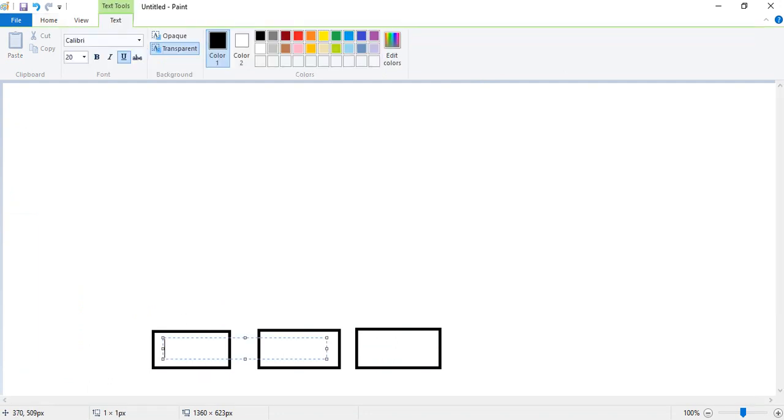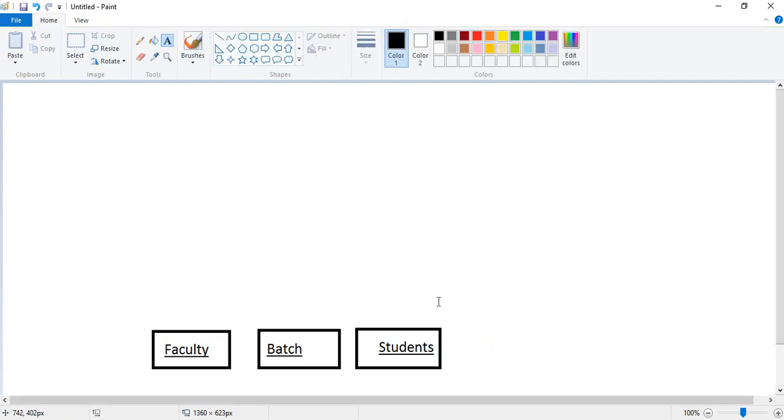Let's say these are my faculty, and then you can write here the batch, and here students. So this is how you can create a pictorial representation of what you have planned. I hope it is clear to everyone. Now you can create an elliptical shape for the attributes that you have identified.